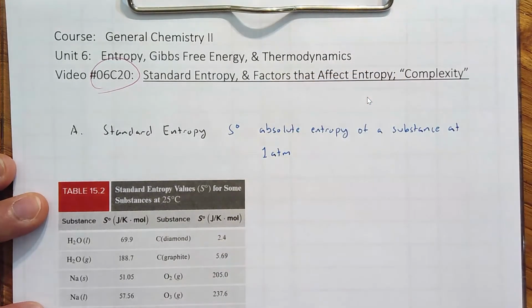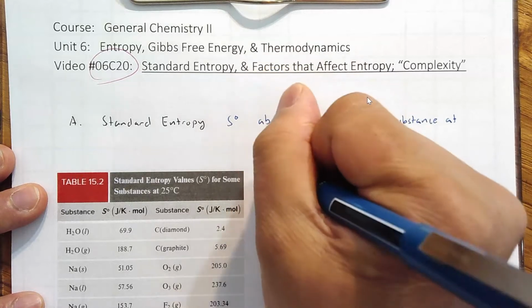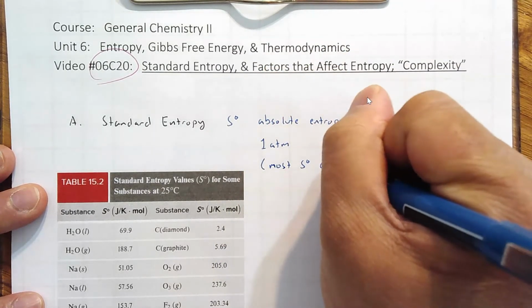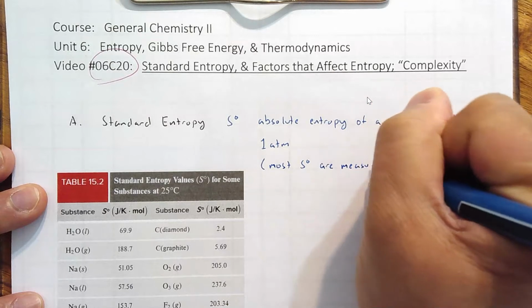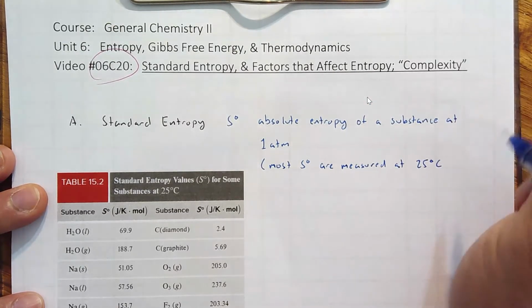And actually that is the only requirement. It doesn't have to be at 25 degrees, but most standard entropies are measured at 25 degrees C.